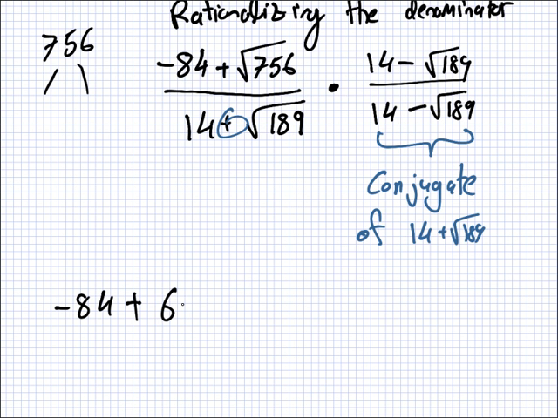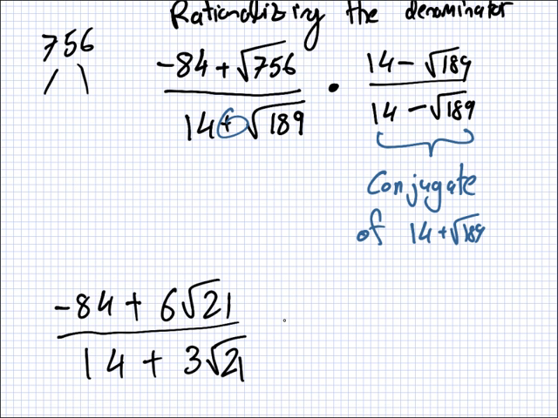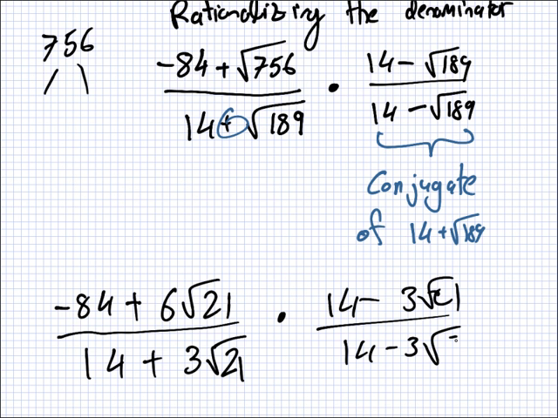Okay. And what about root 189? What does that become? 3 root 21. So 3 root 21, and then here 14 minus 3 root 21.